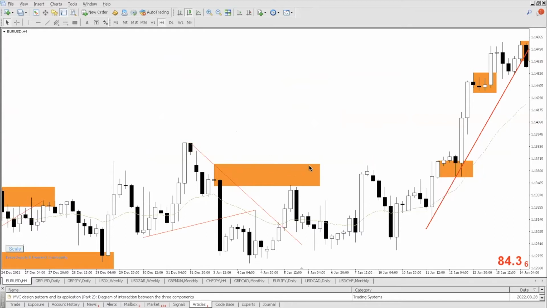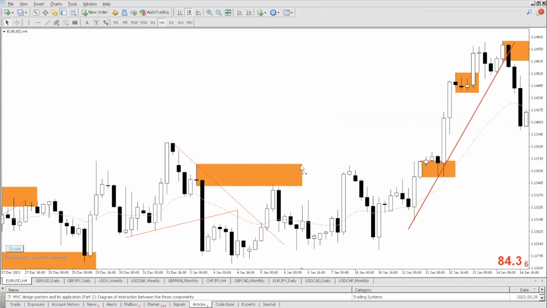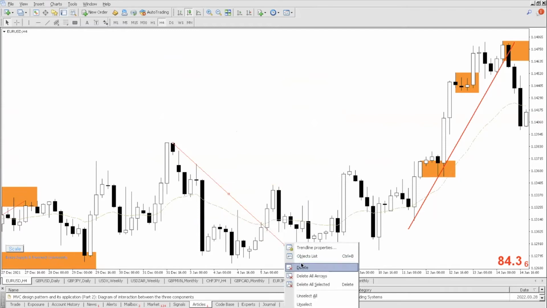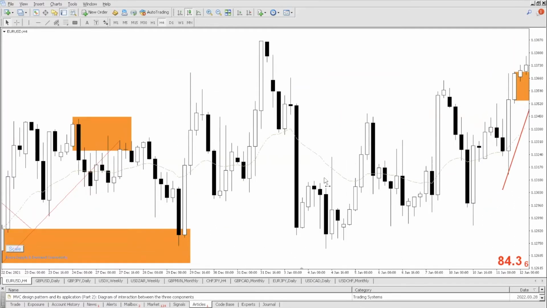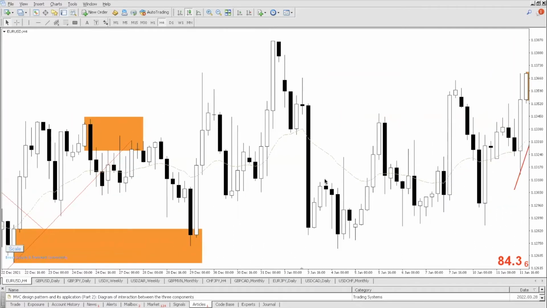Let me delete this one so I can show you what I mean, that the break of a trend line creates the area of interest. Okay, look here. It's a nice peak there, and another peak here.